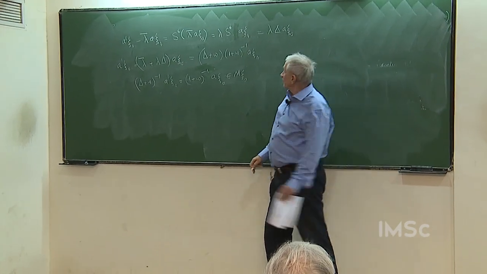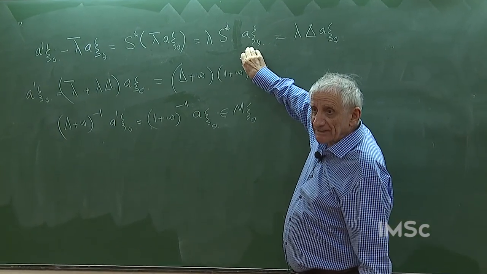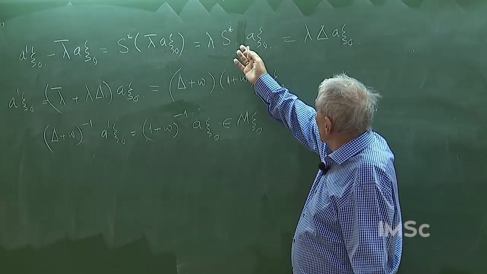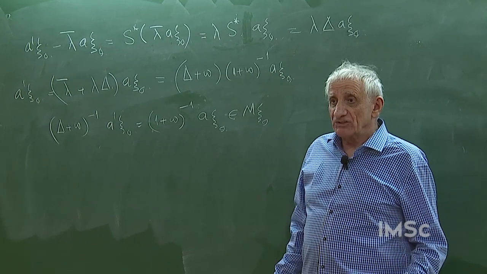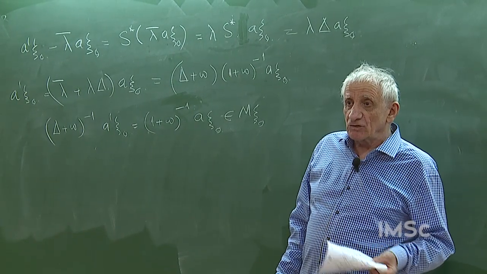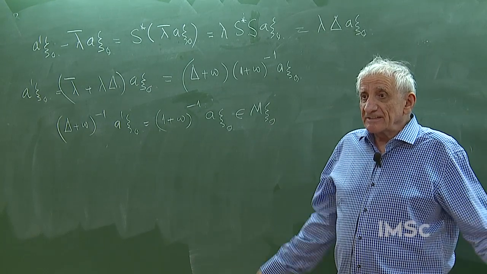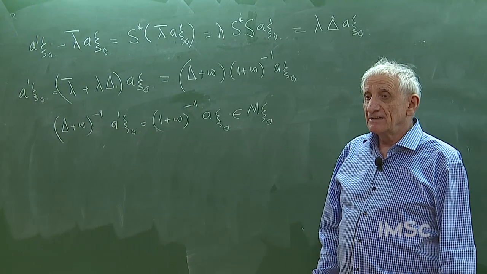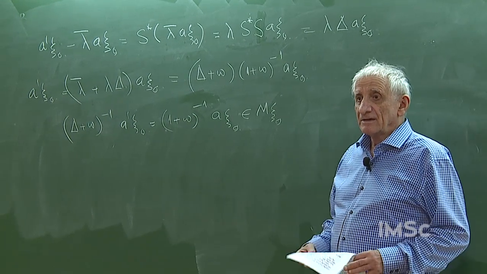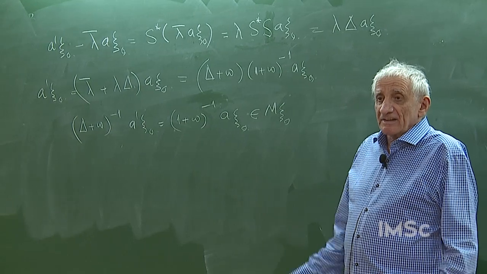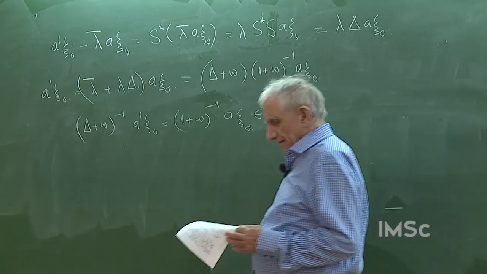This was in the domain of S star, and what I get is this thing without an S. But on the other hand, A psi naught is the same as A star psi naught. So instead of A psi naught, I can write S A psi naught, and this is the delta operator. Because it's self-adjoint, I can write S of A psi naught is equal to A psi naught. So this is OK.